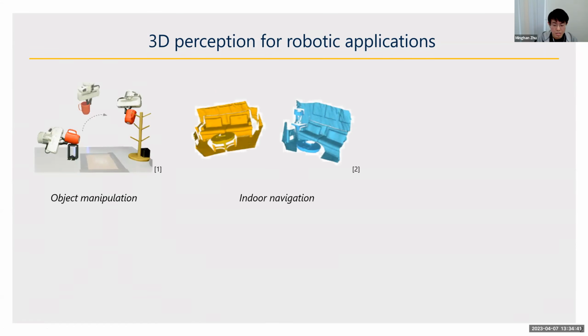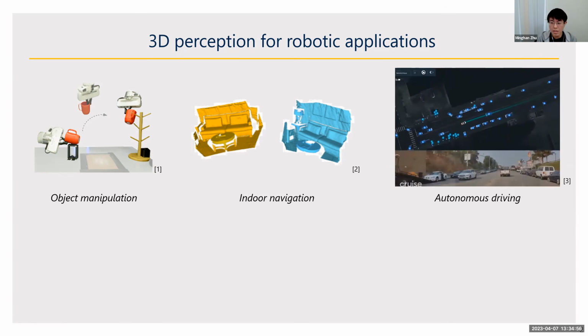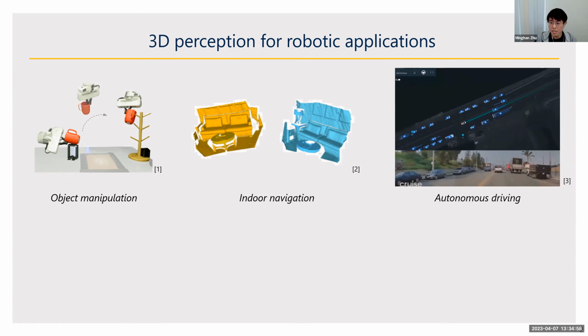Or indoor navigation, where we have a robot and we want it to move around in an indoor environment, which even has existing commercial products. And autonomous driving, which has been a very hot field for quite a few years.